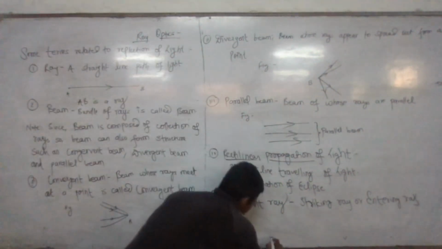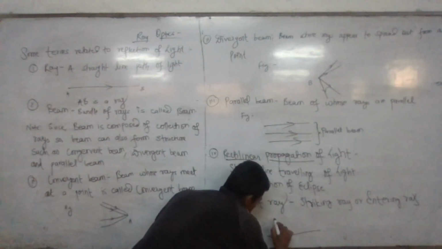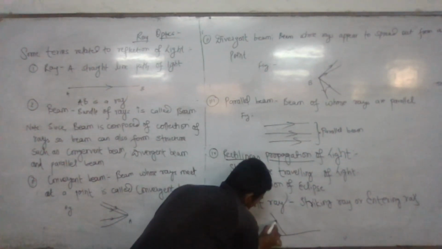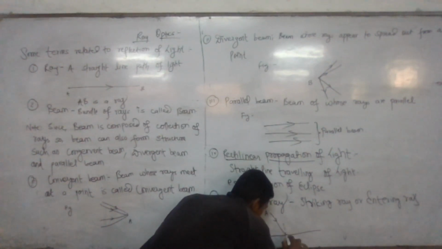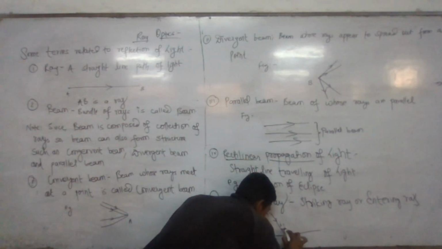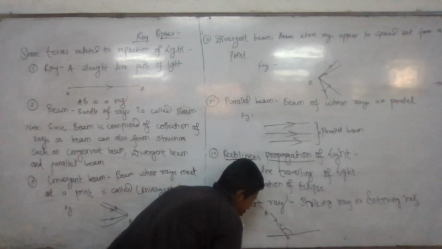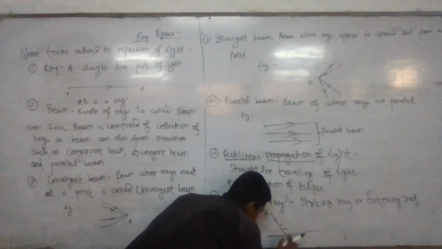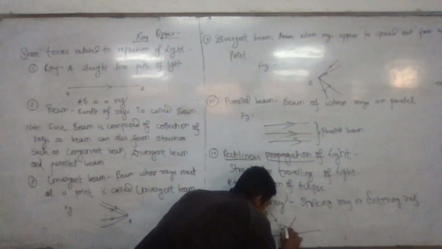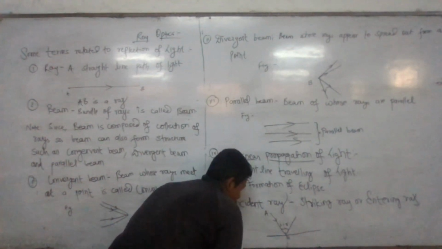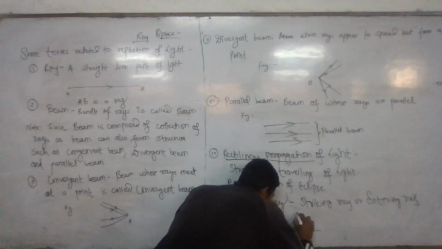See here in the figure. What you observe is A, suppose this is O, and after reflection, suppose this is angle I. According to the law of reflection of light, the reflected ray makes an angle equal to the angle of incidence, that is angle R. So AOB.